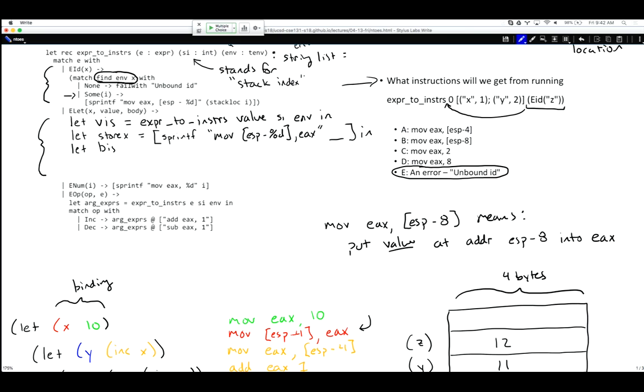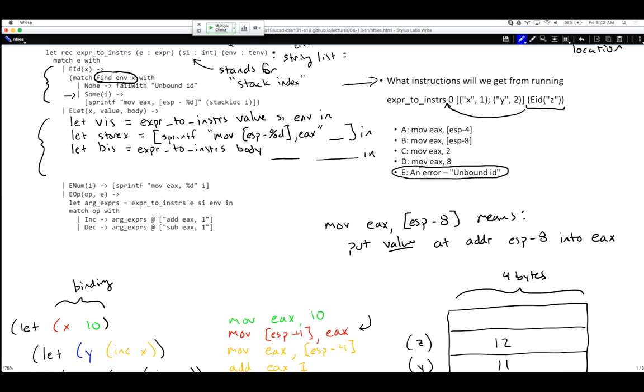Okay. And then we're going to have some instructions for the body. We know we need to recursively call generating the instructions for the body. We know we need to do that. And this is where we need to put a little more thought into what we're going to use for the stack index in this recursive call and the environment in this recursive call.